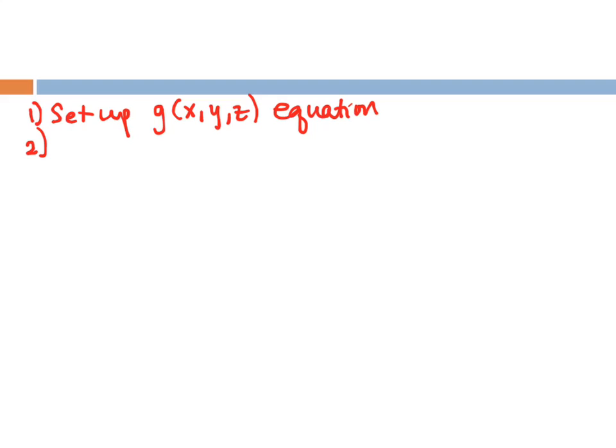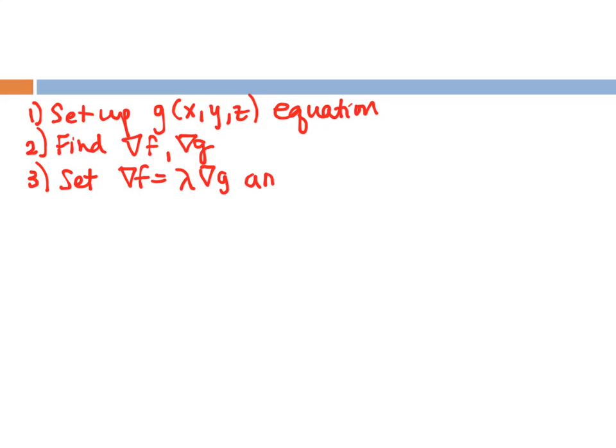The second thing is to find the gradient of f and the gradient of g. The third thing is to set the gradient of f equal to lambda times the gradient of g and solve, and eliminate lambda first.